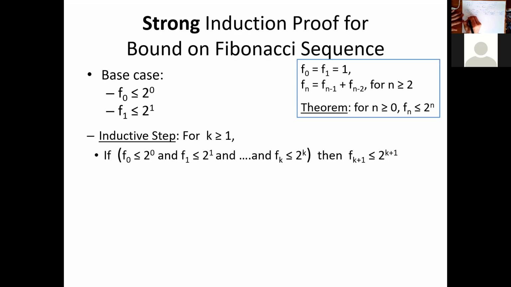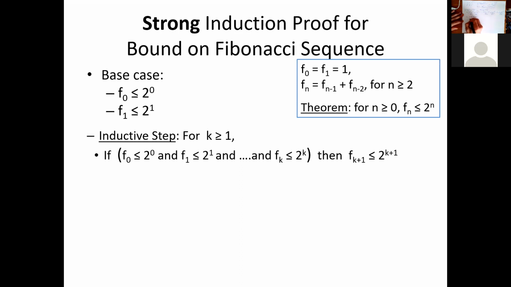So fk plus 1 is, and now we can use the same technique as before, as in the case of the first recursively defined sequence, right? The proof I did first in this lecture. So fk plus 1 by this formula, n is k plus 1, so this is fk plus fk minus 1. It's just the sum of the previous two terms.